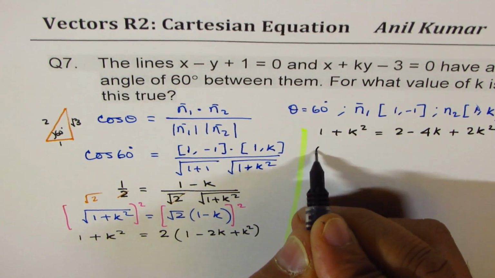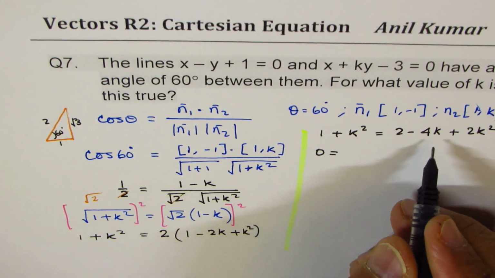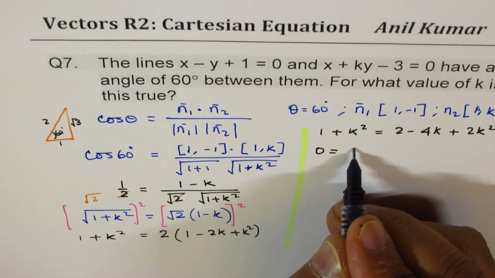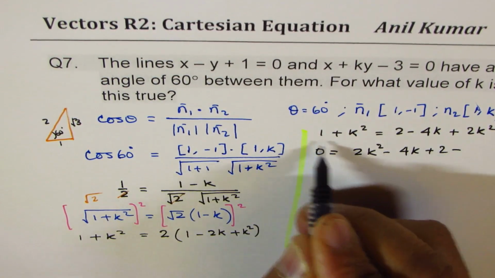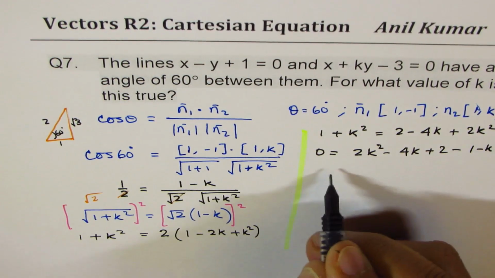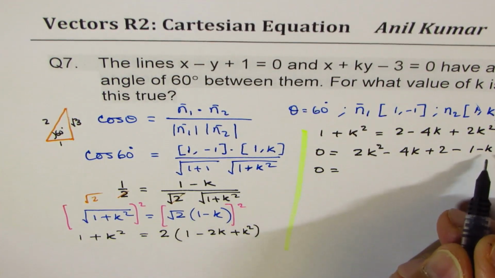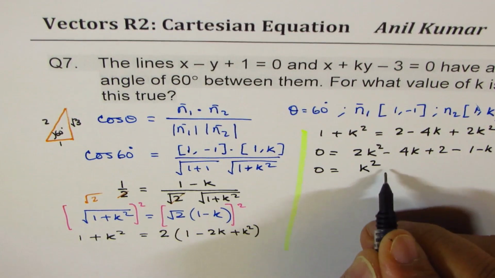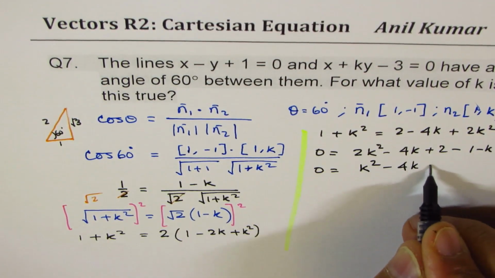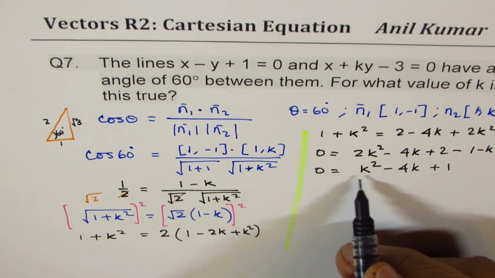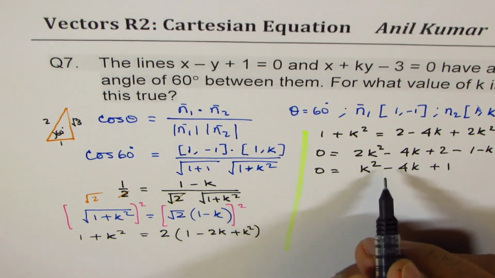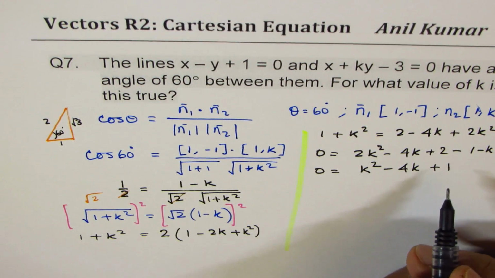Bringing all terms together, 0 equals 2k squared minus 4k plus 2 minus 1 minus k squared, right? So 0 equals k squared minus 4k plus 1. Now we can actually find the value of k using the quadratic formula.